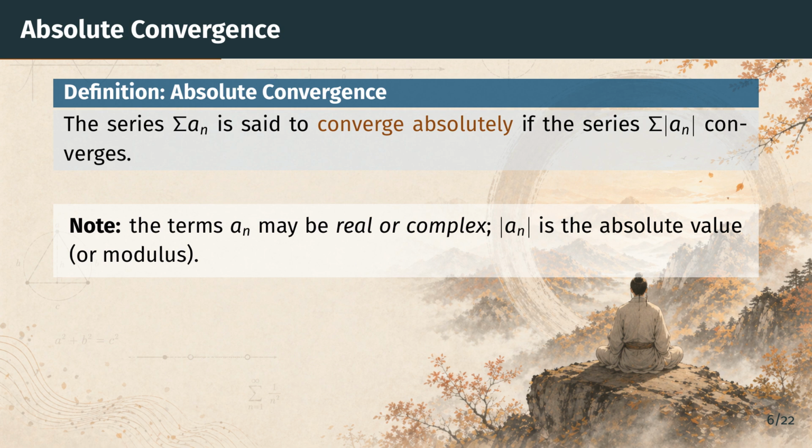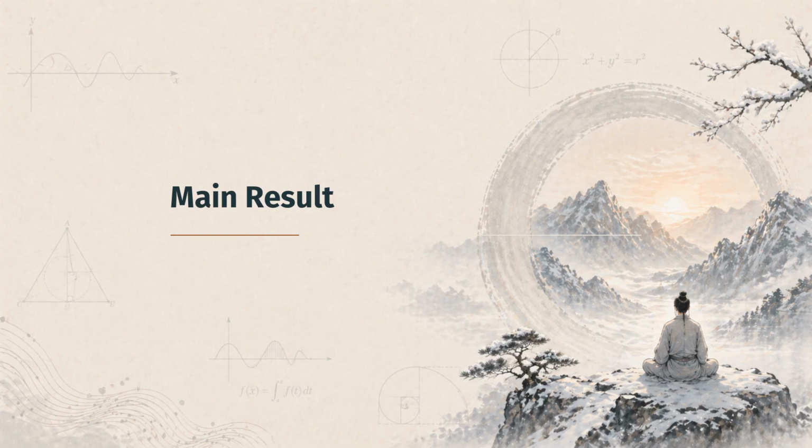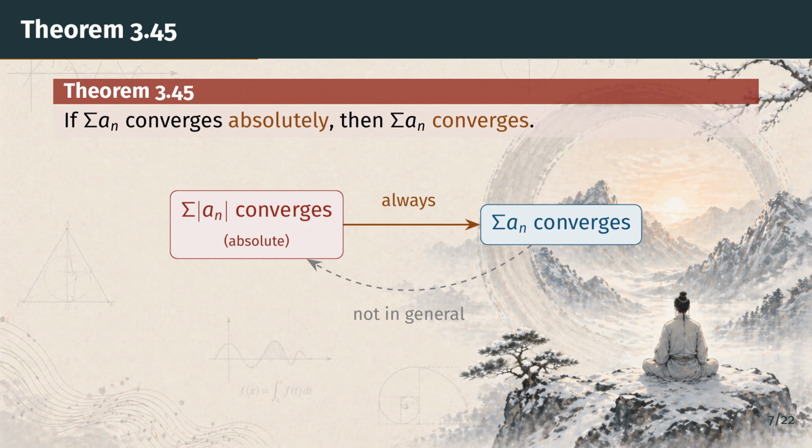Next, the main theorem. Here is the main result, Theorem 3.45. If a series converges absolutely, then it converges. In words, the stronger condition on the series of sizes guarantees ordinary convergence of the original series. The diagram captures the logic.